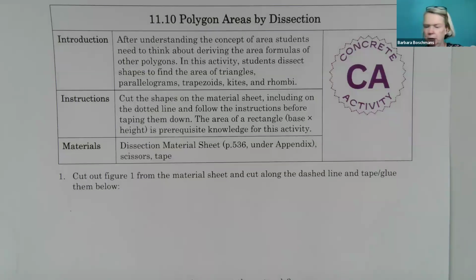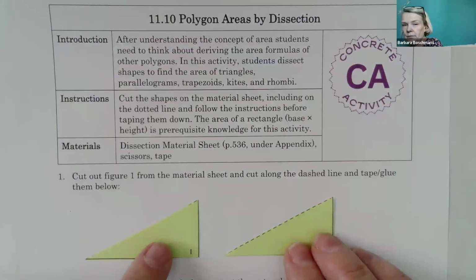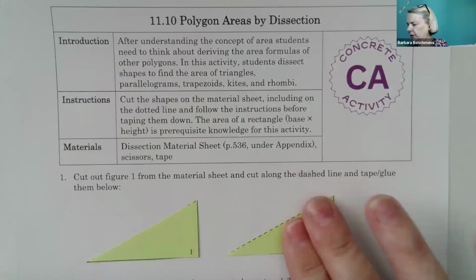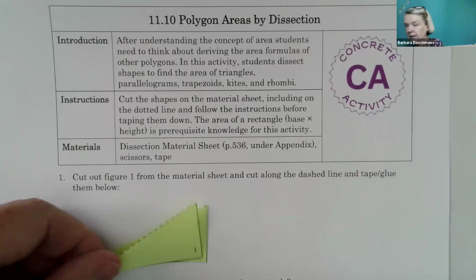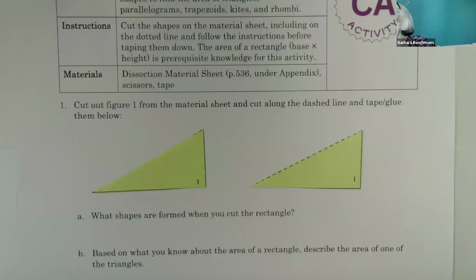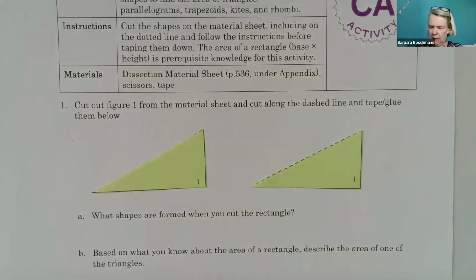We'll take them down, don't do that yet. You want to put them below so they have the same orientation, because then if we put them on top of each other we can see that they are congruent. So you can go ahead and put them down.